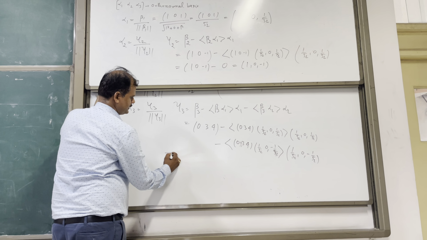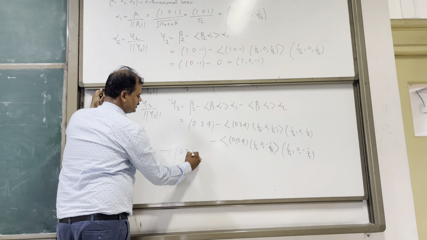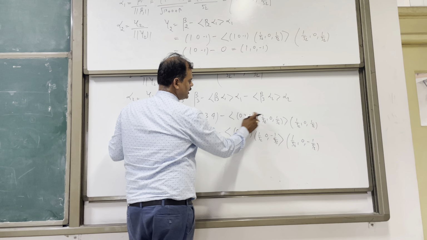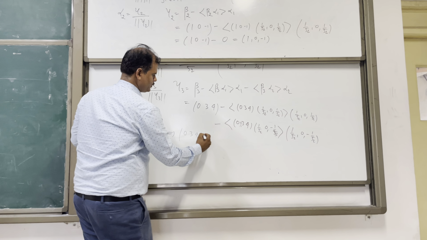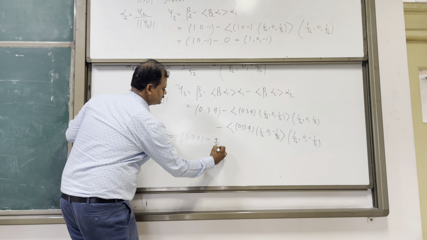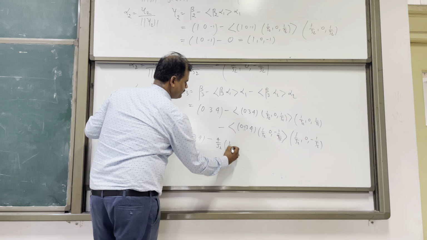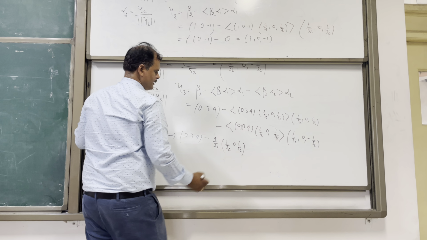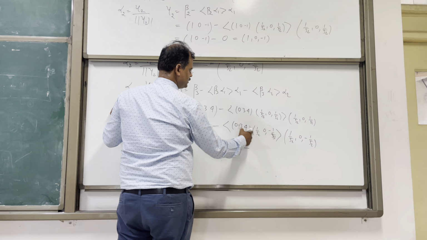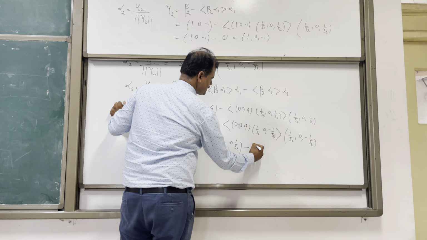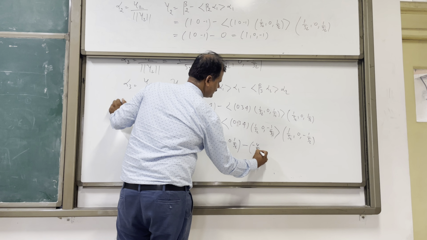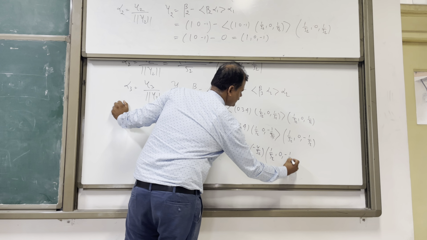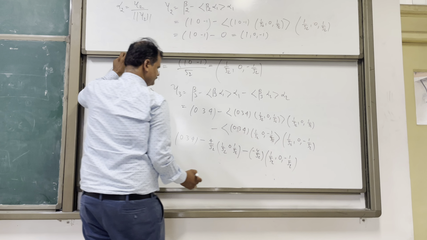Let us try to simplify. So (0, 3, 4) minus, the first inner product will be 4 by root 2, so we get 4 by root 2 into (1 by root 2, 0, 1 by root 2), minus the second inner product, which is -4 by root 2, into (1 by root 2, 0, -1 by root 2).